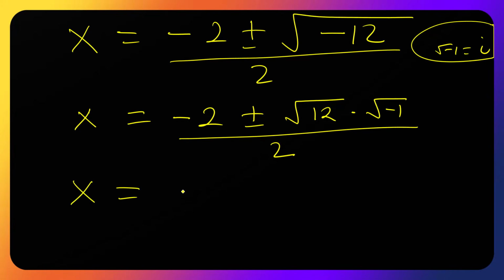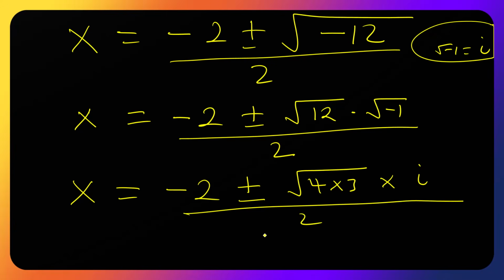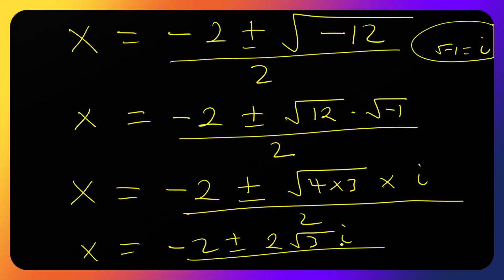So we have x equals minus 2 plus or minus, 4 times 3, 4 is a perfect square, times i on 2. So the square root of 4 will be 2, times i, on 2.